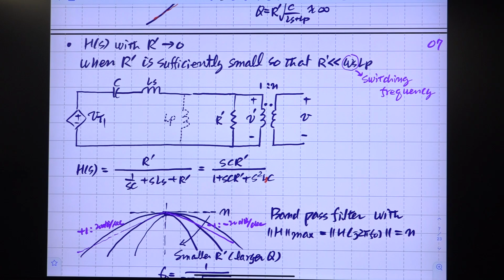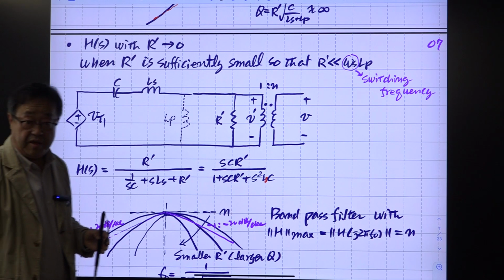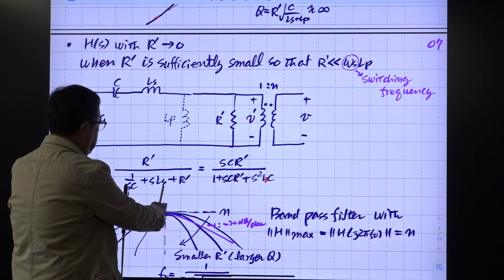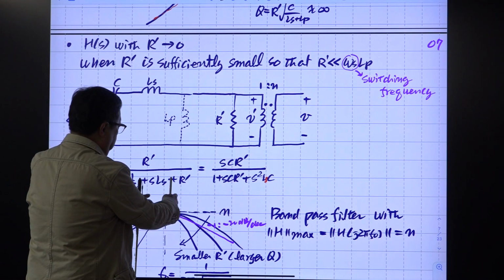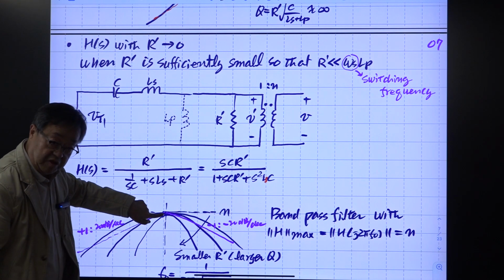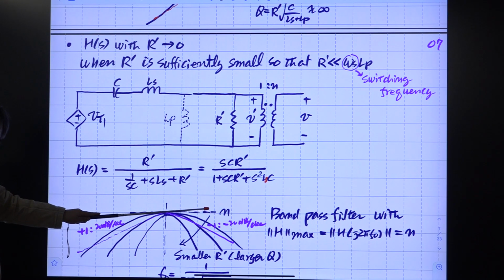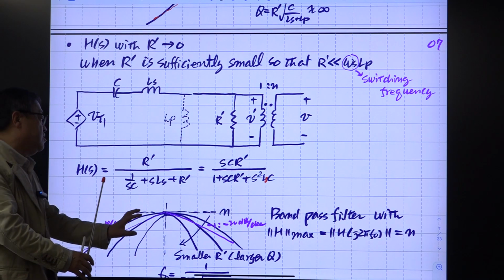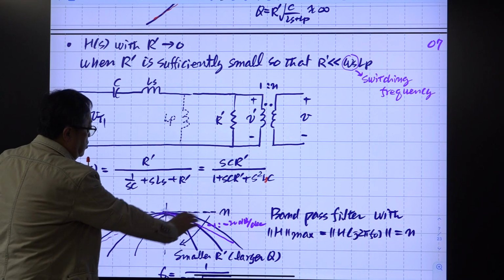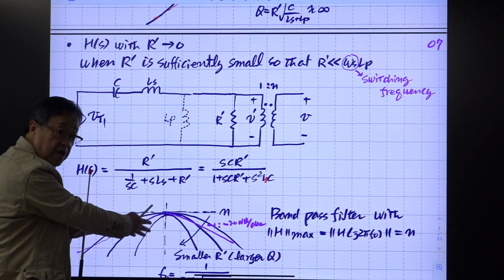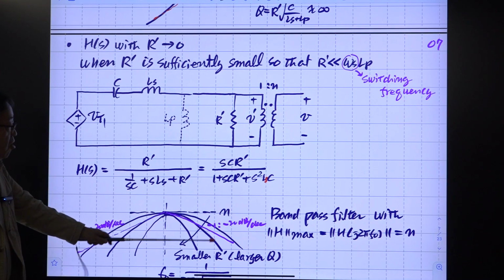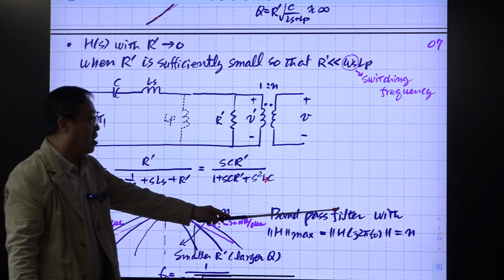This is called a bandpass filter. It passes the signal of frequencies near this resonant frequency. Maximum gain is just 1, 20 log 1. And for sinusoids away from this resonant frequency, it is attenuated by this curve. So this is a bandpass filter.